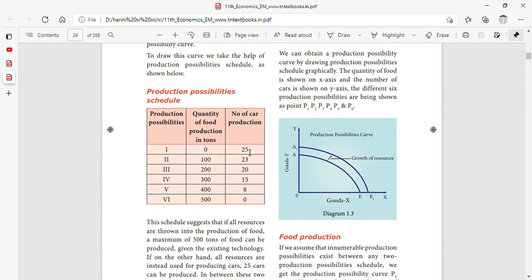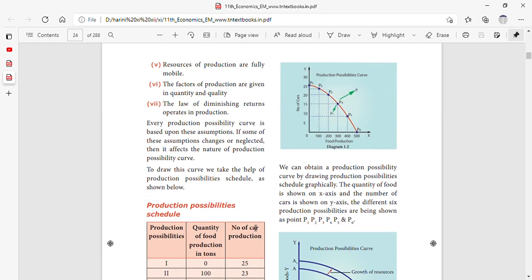On the contrast, the sixth option is you can go for 500 tons of food production, ஆனா zero car. Or you go in between, option 3: you produce 200 tons of food and 20 cars.